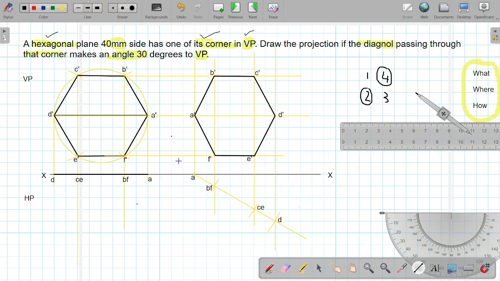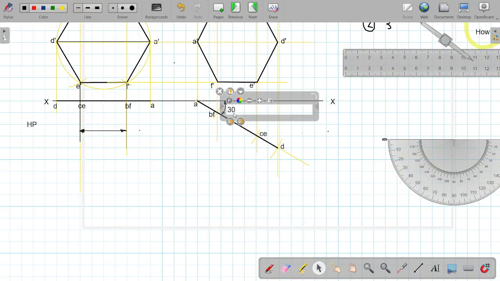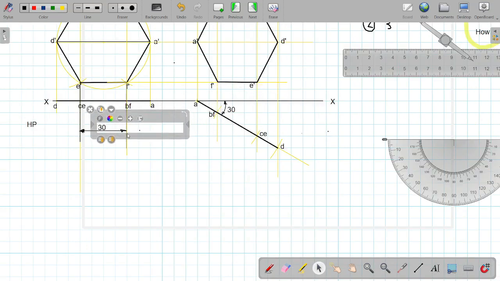So this line should be made dark from point A to point D. Now finally the remaining part is the dimensions. So we have to give two dimensions basically. One is this 40 mm and one is the 30-degree angle. So starting with the dimension part.